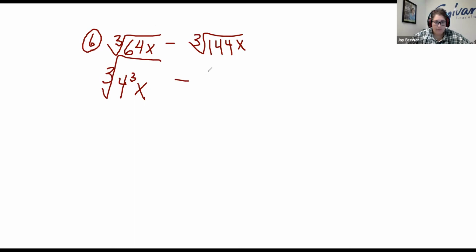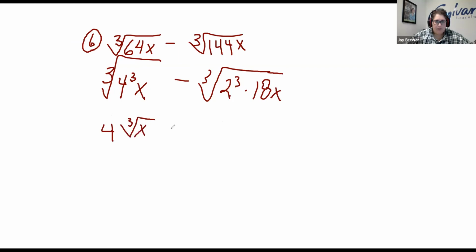144. That one's a little bit harder. 2 cubed is 8. And then we have times 18x. So we can pull out a 4 and leave an x.